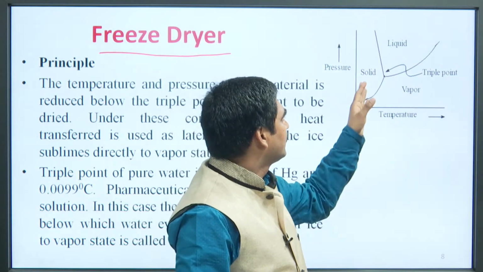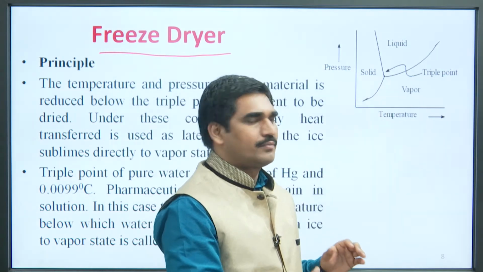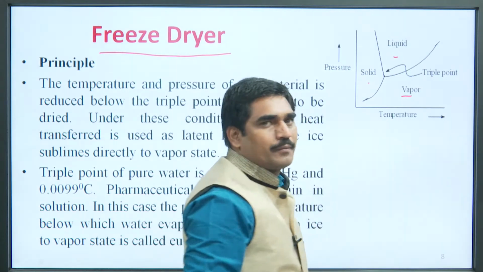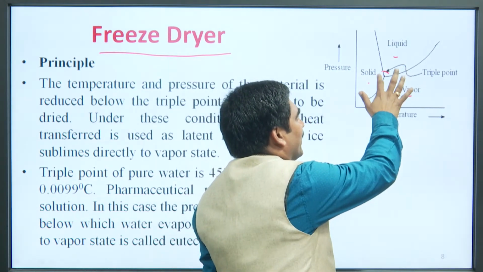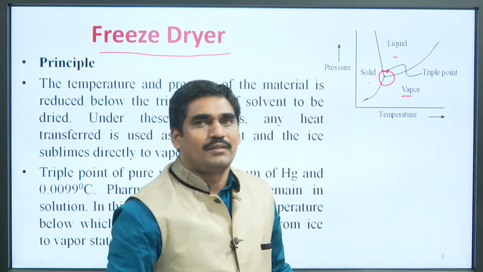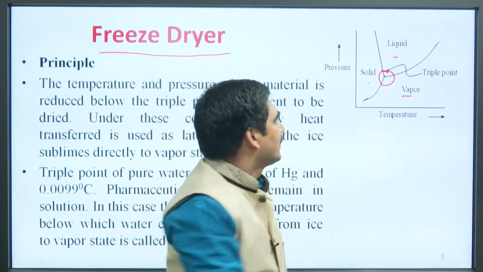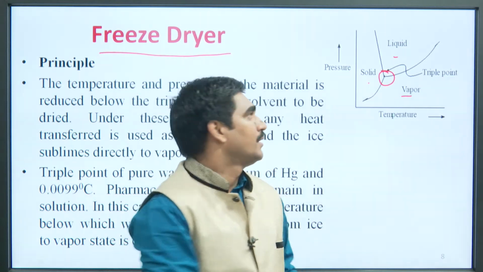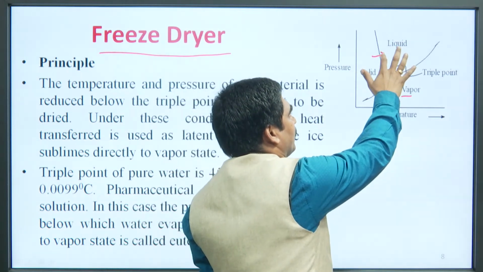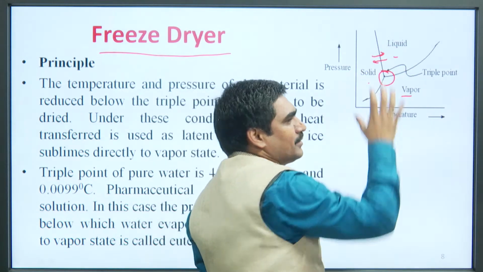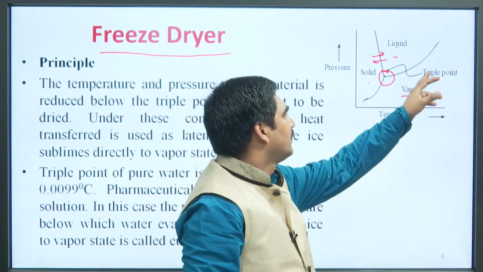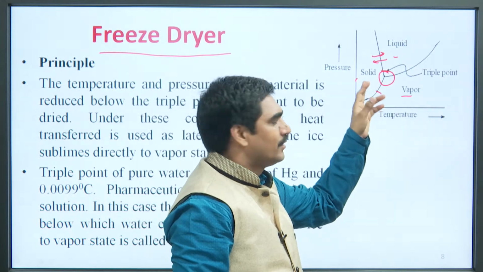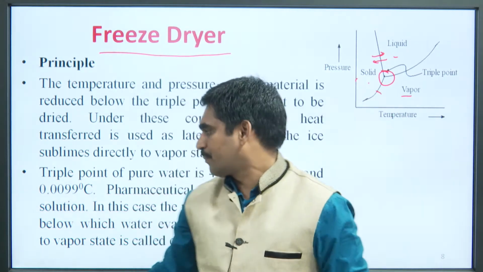Three different states of matter are shown, that is solid, liquid and vapor. Here a point is called the triple point. At this point all three phases exist in equilibrium. Here solid and liquid phases are in equilibrium, here liquid and vapor phases are in equilibrium, and here solid and vapor phases are in equilibrium.